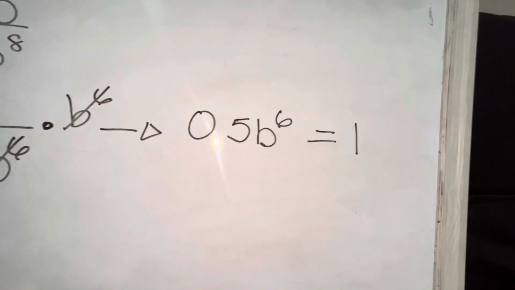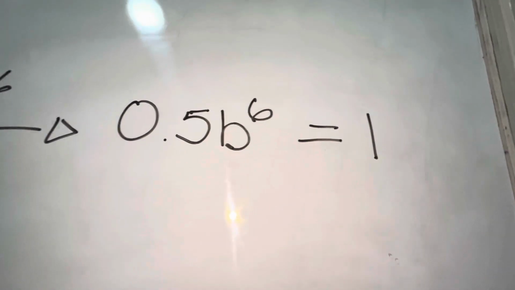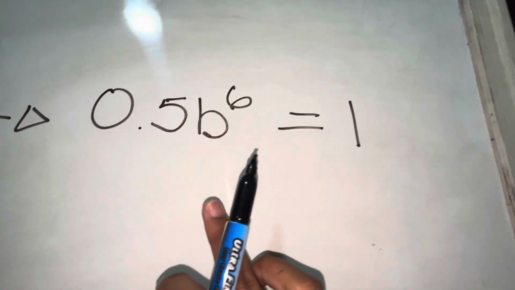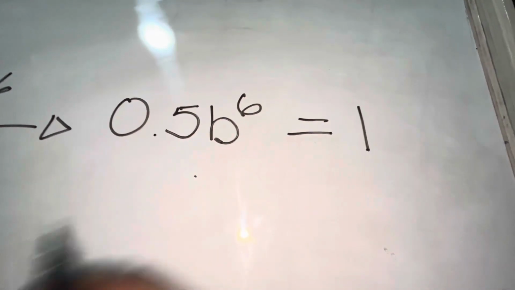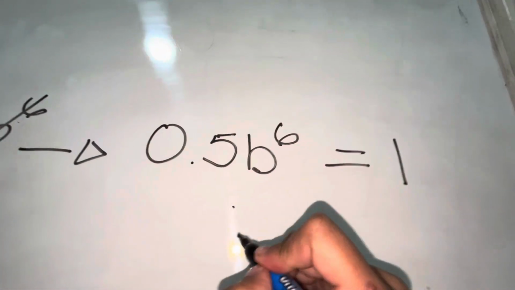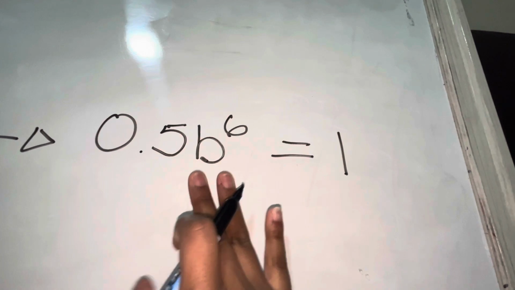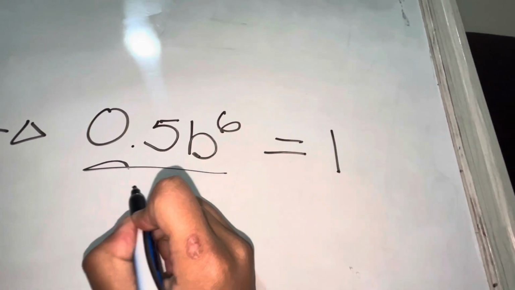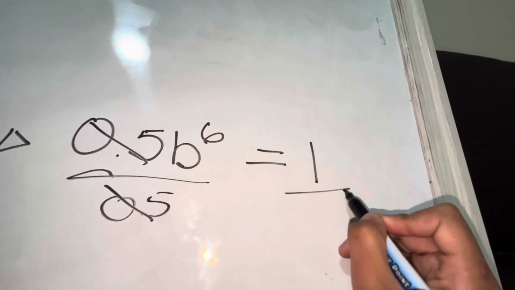Now you have 0.5 times b to the power 6 equals 1. Again, let's try to isolate b. Actually, let me show you. You divide by 0.5.